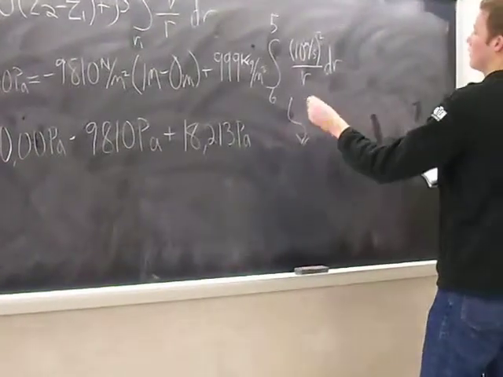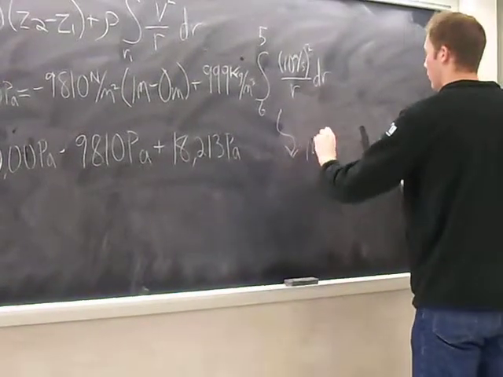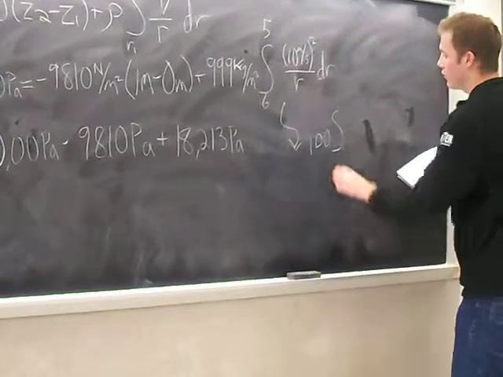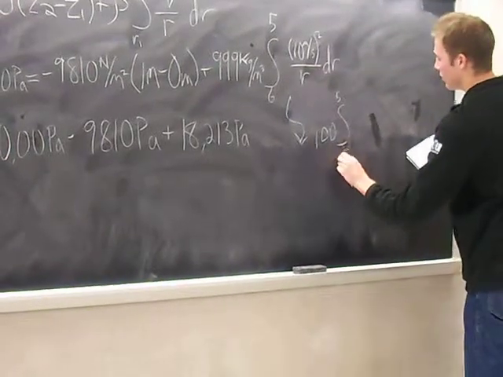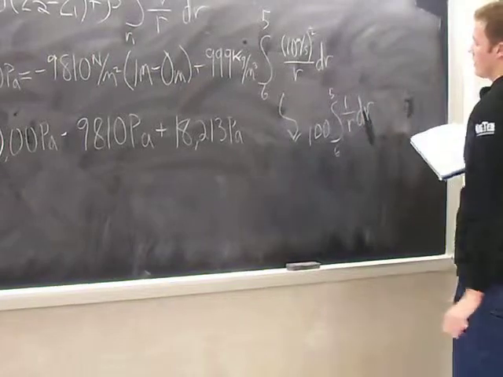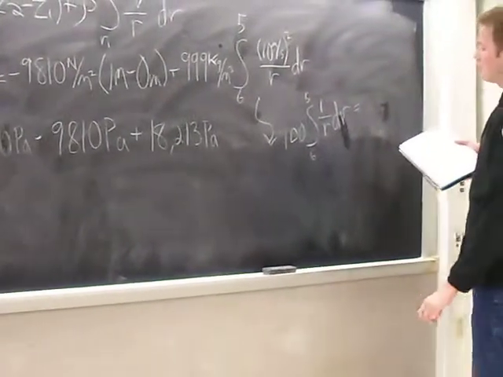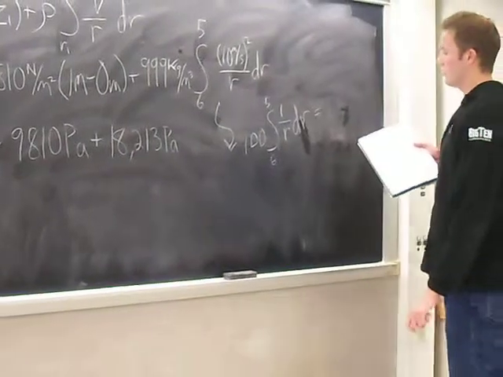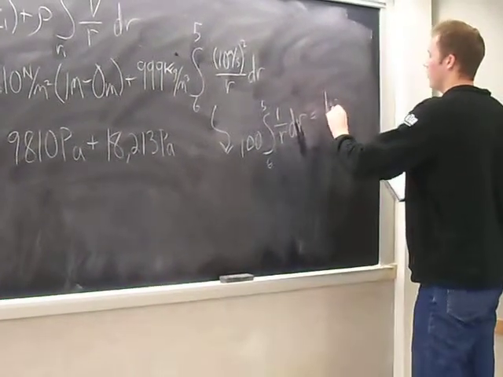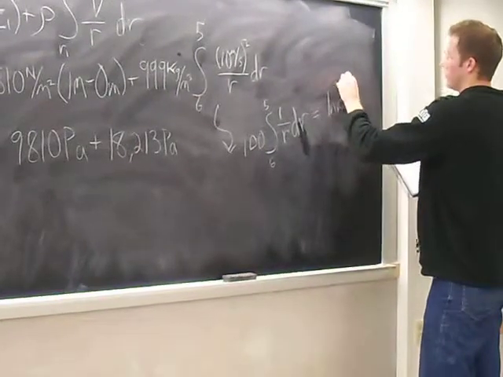We can pull out the 100, so we have 100 times the integral from 5 to 6 of 1 over R dr, and the integral of 1 over R dr goes to the natural log of R from 6 to 5.